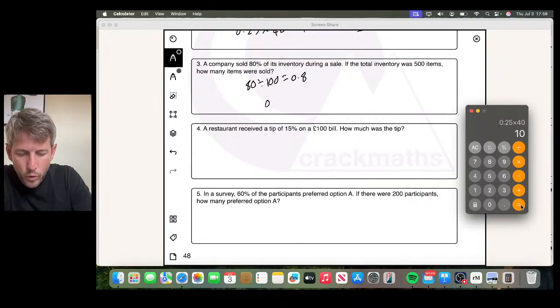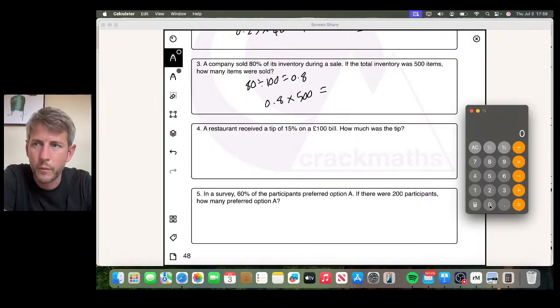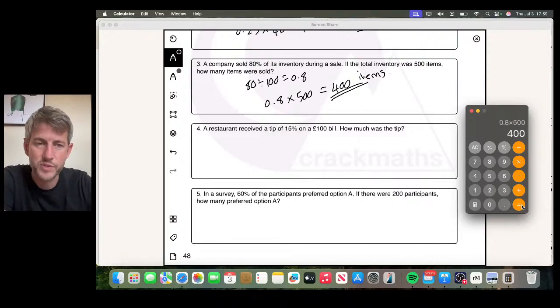And then 0.8 times 500 will give us 80% of 500. So let's work out what this is. 0.8 times 500, which is 400. So there was 400 items. Let's just put that there. 400 items were sold.